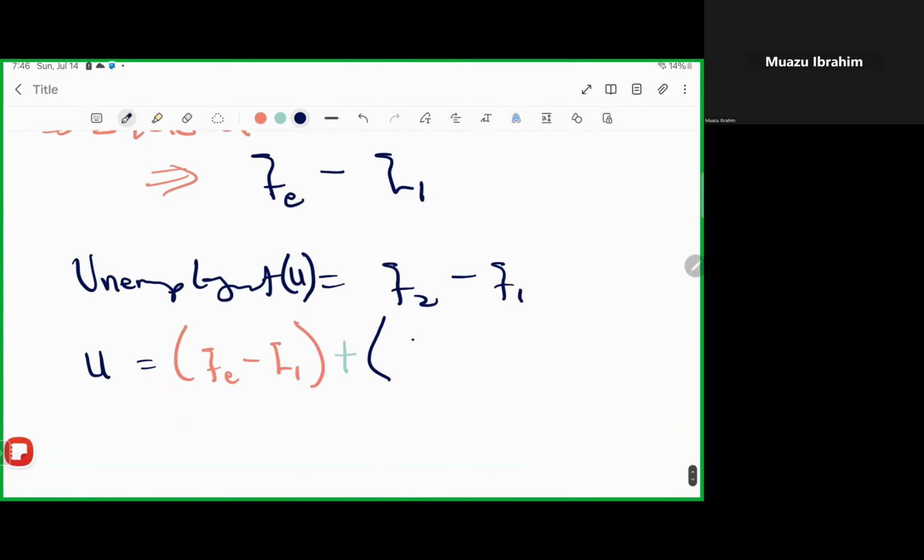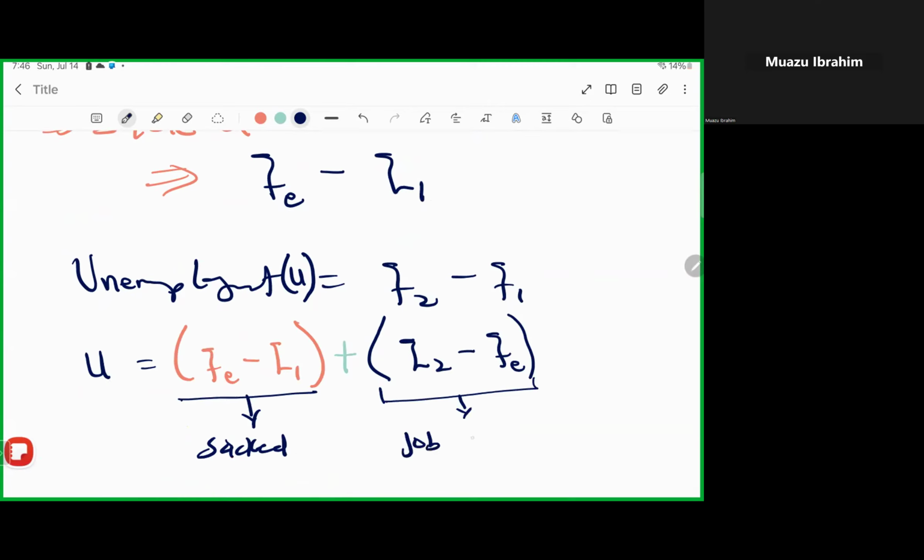The new job seekers will be Q2 minus QE. So this represents those who are sacked, and this will represent those who are looking for employment. That's the job seekers. They are in the market looking for employment, but they are yet to find jobs.